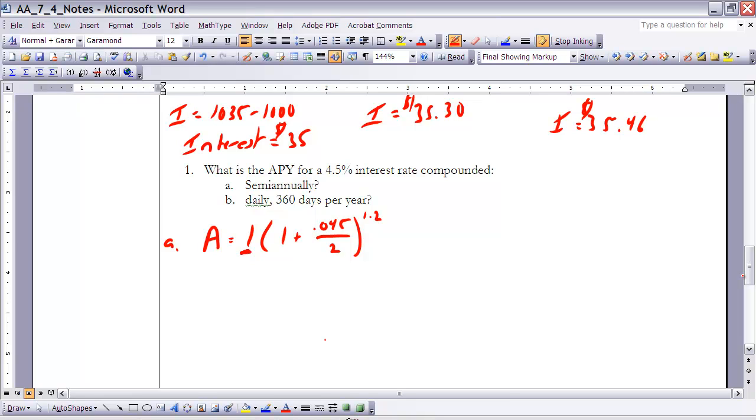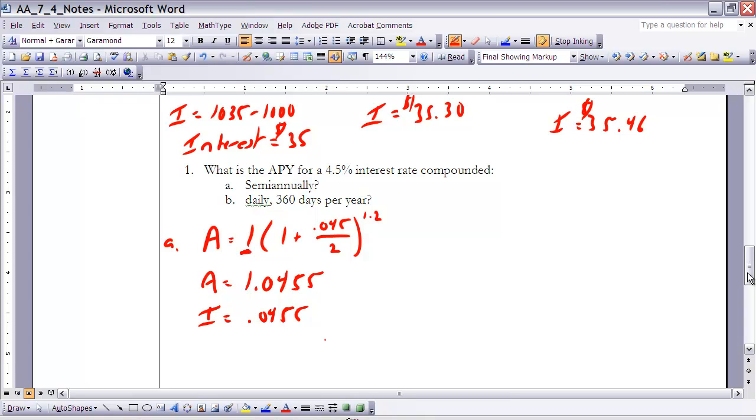Okay, so what I'm doing here is I'm first of all finding out what would be my amount after that compounded semi-annually after 1 year. And if I do that calculation with a principal of $1, I find that it's 1.0455. Okay, therefore the interest that I earned would be 0.0455.